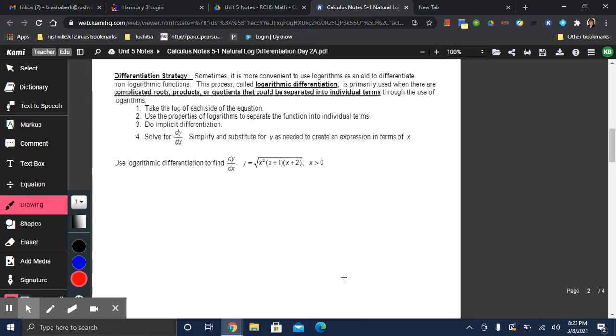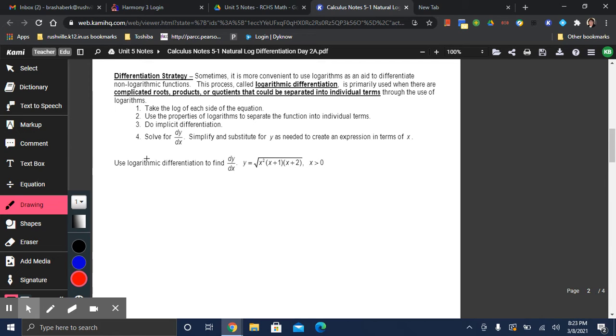So notice that in our example, we do not have a logarithm, but we're actually going to introduce a logarithm into the problem so that we can do the derivative of the logarithm as individual terms. If I did the derivative right now, I would have a chain rule, and I would either have to multiply all this out or do some kind of a product rule.